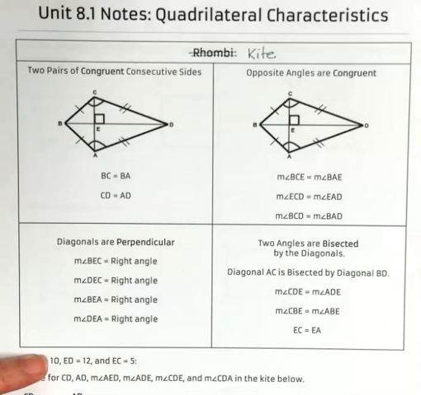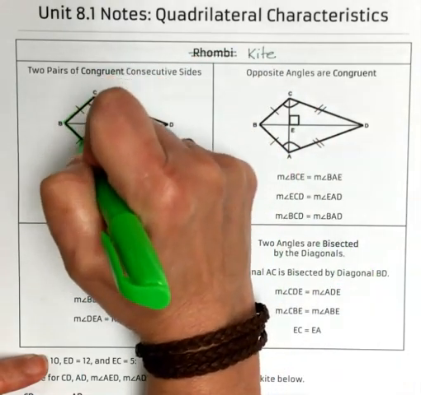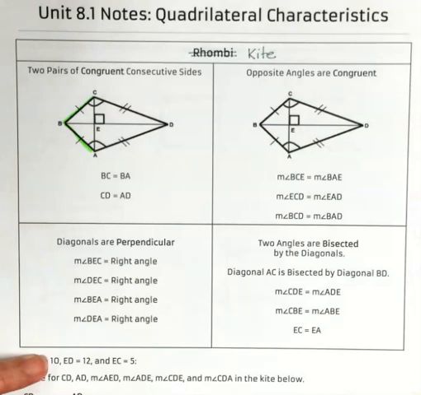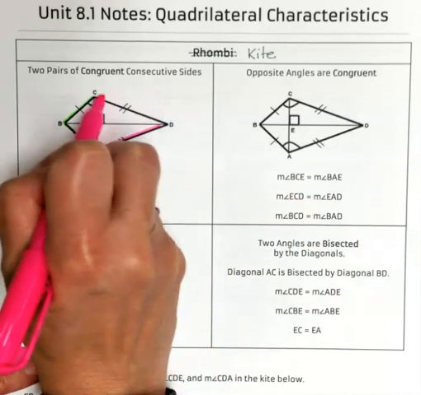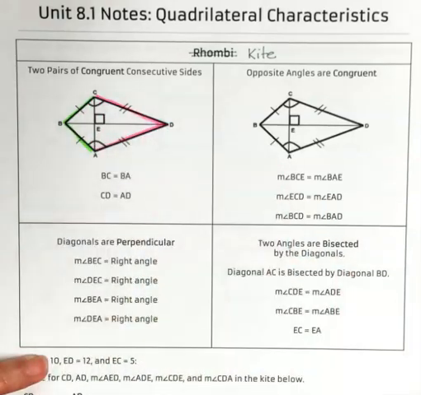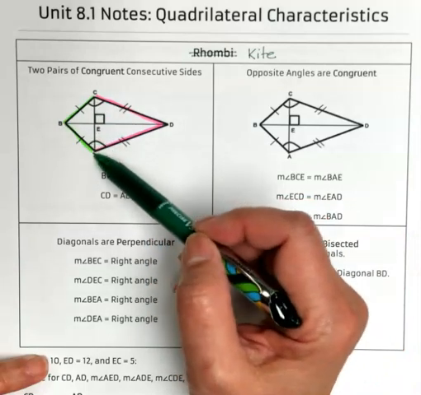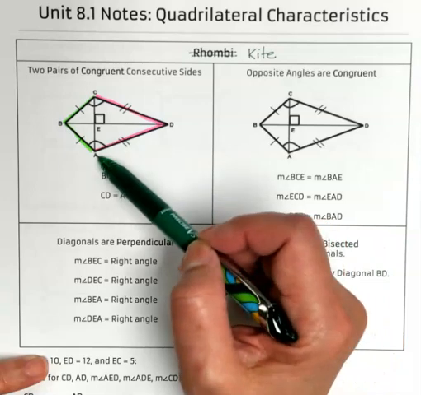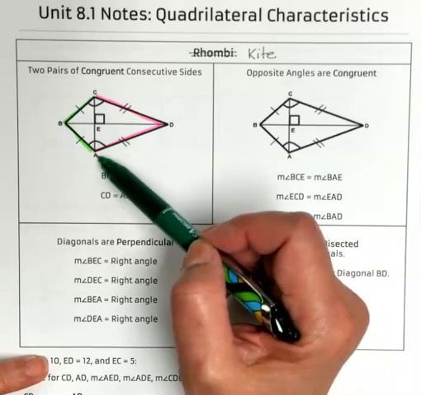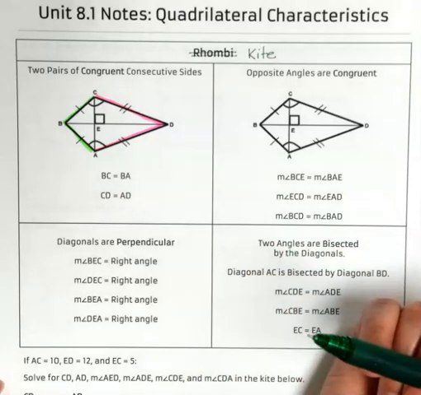So here is a pair of consecutive congruent sides, and here is the other side. Okay? So the way this is marked, side BC is congruent to BA, side DC is congruent to side DA, and because they are congruent, their measures are equal.